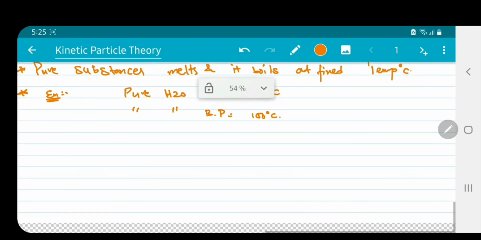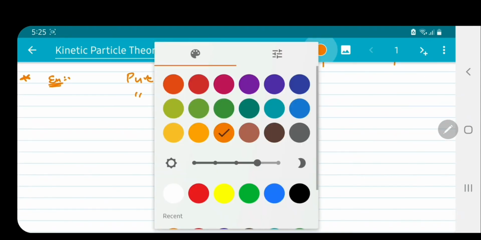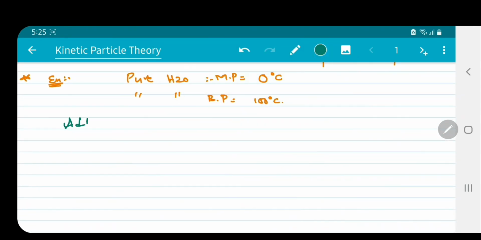Now in this case, if you add an impurity, for instance, let me add salt to that water, what would be the effect on that water from the salt which is added?